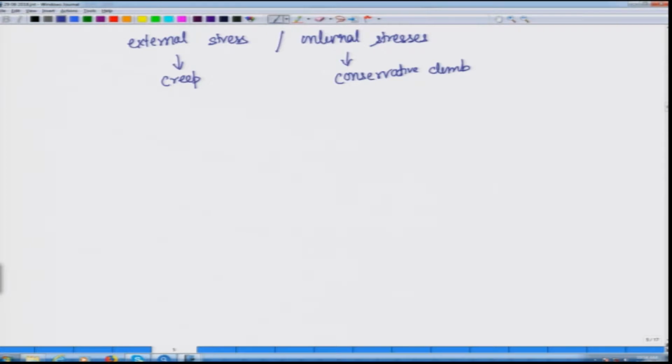Now, except for the conservative climb, we have seen the creation and annihilation of point defects. In the simplest case, it will only be vacancies, but people who are familiar with steel would know that carbon atoms also sit in the dislocation core, and therefore those interstitials would also act as point defects.